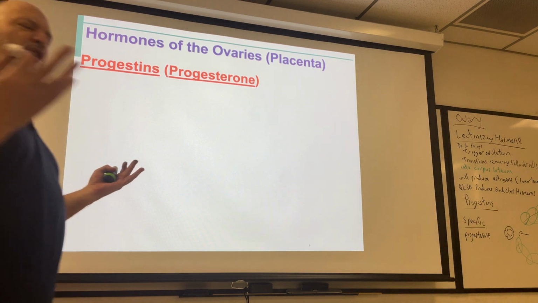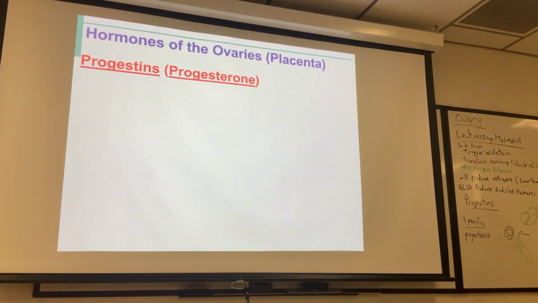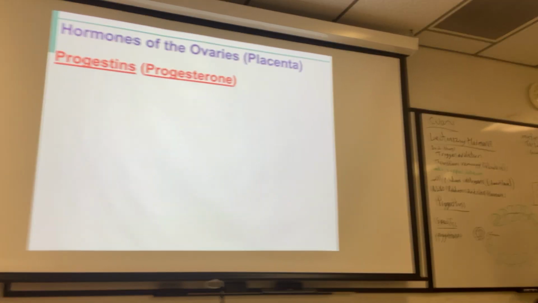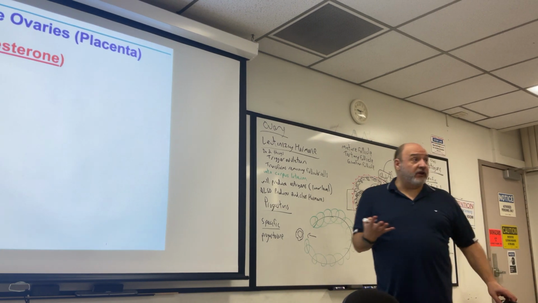What are some of the big targets of that? The uterus. The uterus wall thickens dramatically, producing major blood vessels, producing major glands, so that there are lots of secretions to nourish and maintain that egg. And so that ultimately that fertilized egg can implant in the wall and be maintained for 40 weeks.